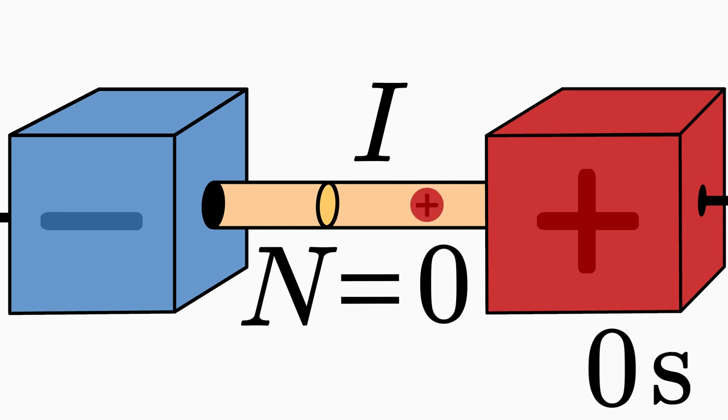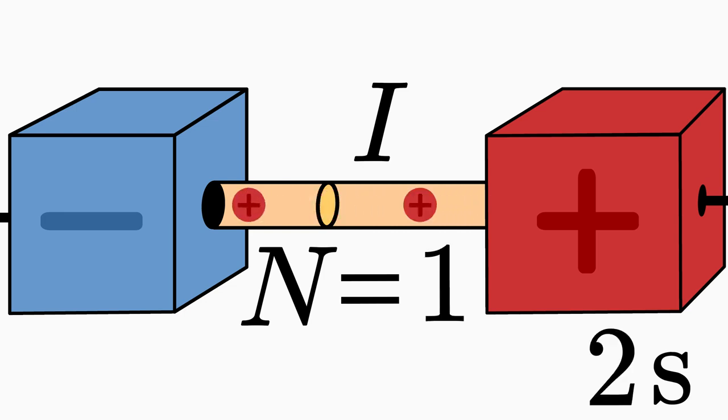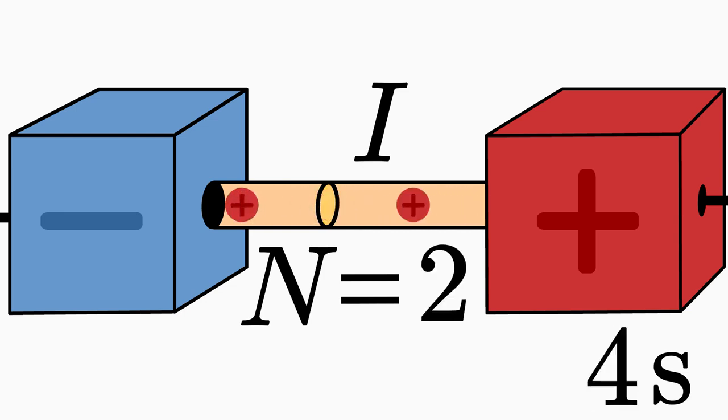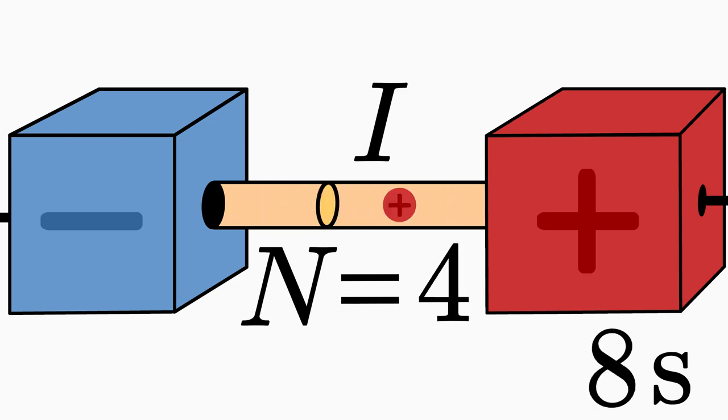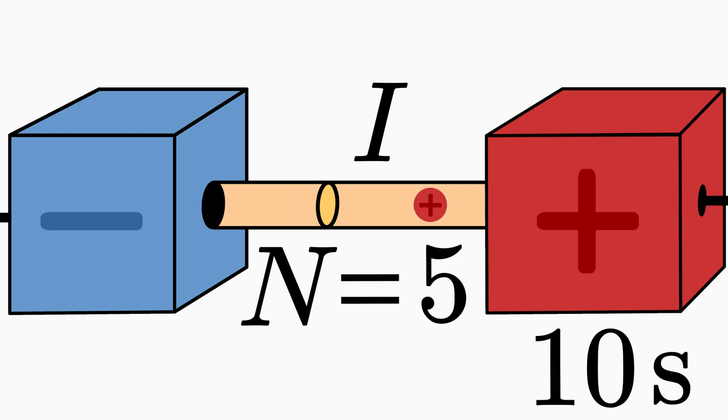Here we go. One particle has passed, second particle has passed, third, fourth, fifth, stop. 10 seconds have already passed. So we counted 5 particles. How much electric charge was now transported through the cross-sectional area?